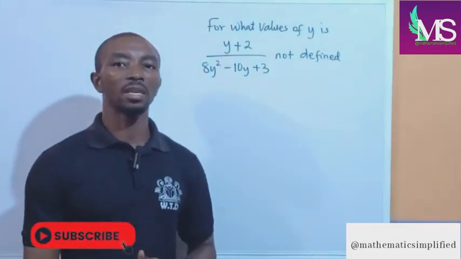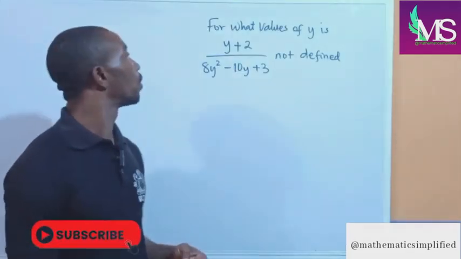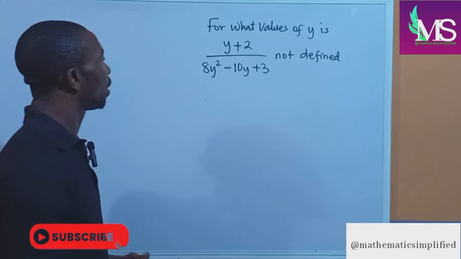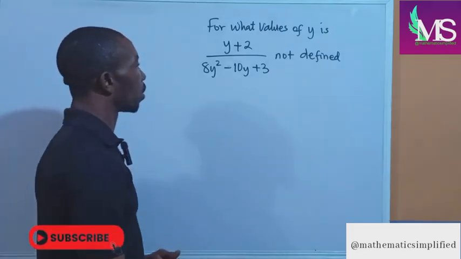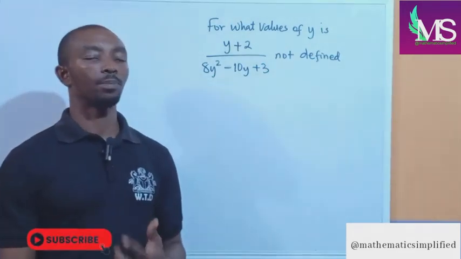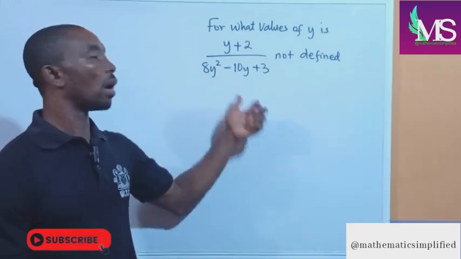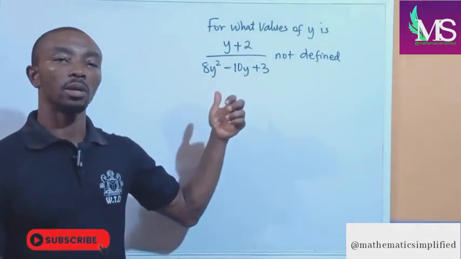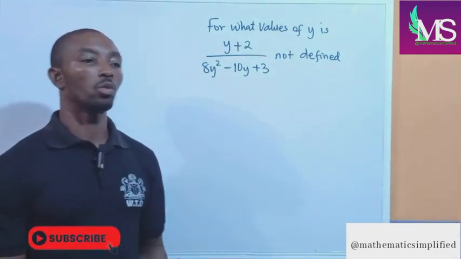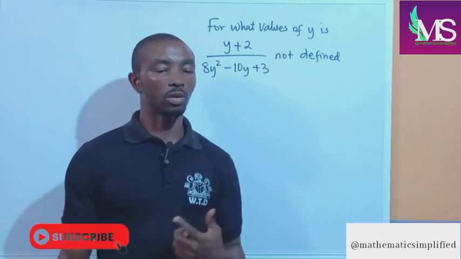Our next question says, for what value of y is y plus 2 over 8y squared minus 10y plus 3 not defined? Now, it's important to note that for the expression not to be defined, the denominator will be equal to 0.